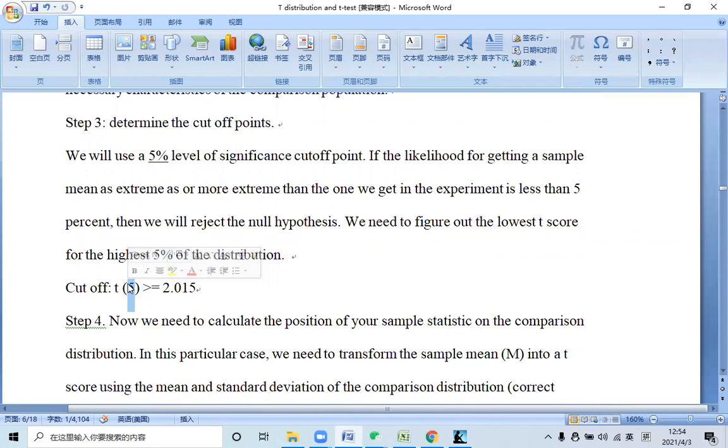One is the p value, 5%, and the other is the degrees of freedom, which is n minus 1. And also, are you doing a one-tailed test or a two-tailed test? That's also important.